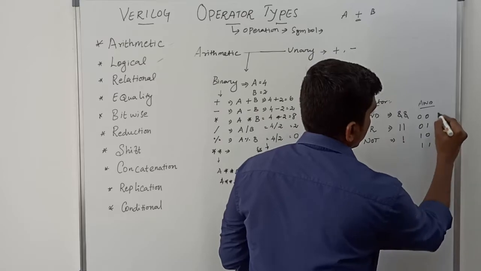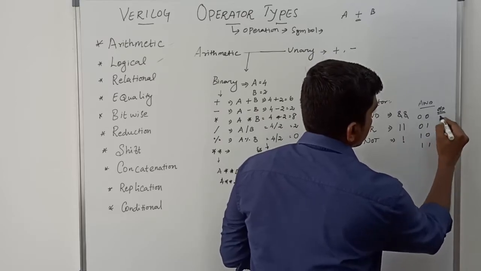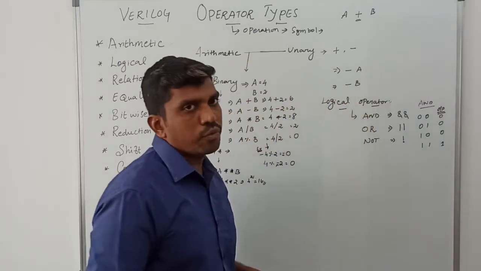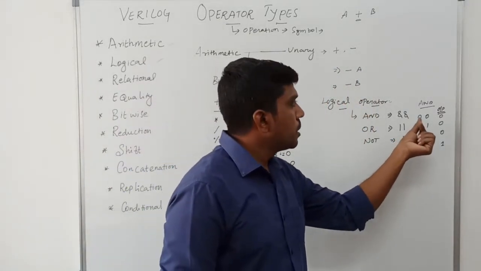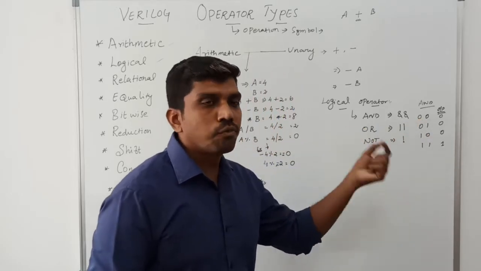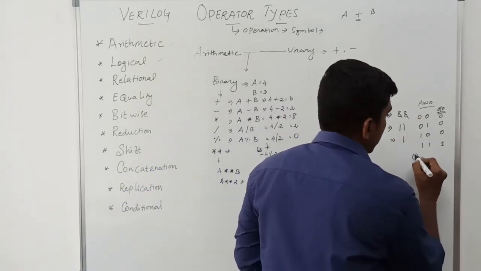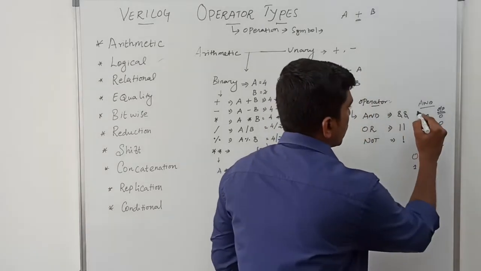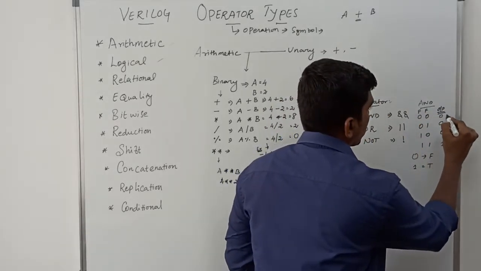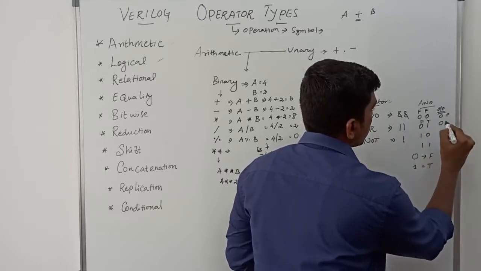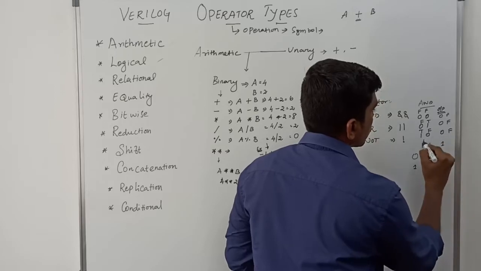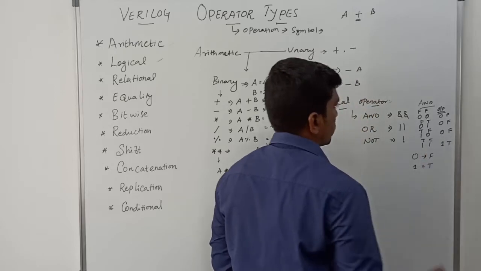Let us consider 0 is false and 1 is true. So false false, output false; false true, output false; true false, output false; true true, output true.